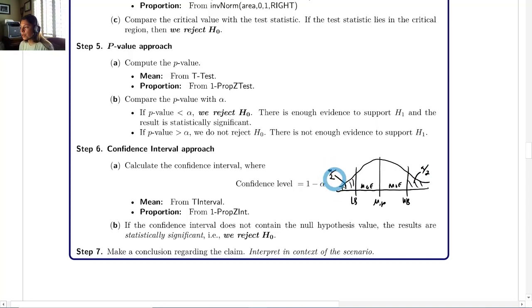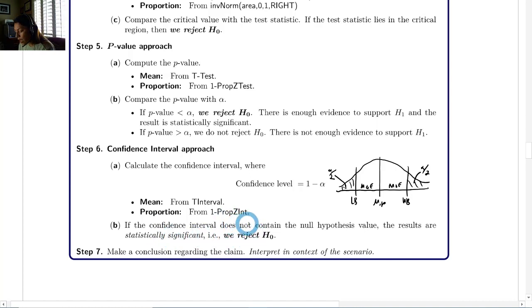Okay, and then if we do a confidence interval using the t-interval, just chapter 8 methods, then if the confidence interval does not contain the null hypothesis value, the results are statistically significant and we reject the null.